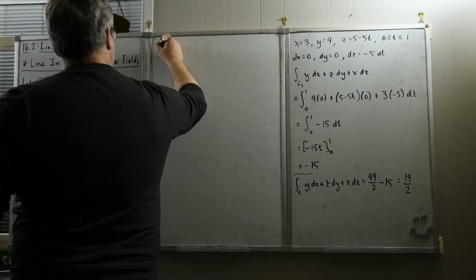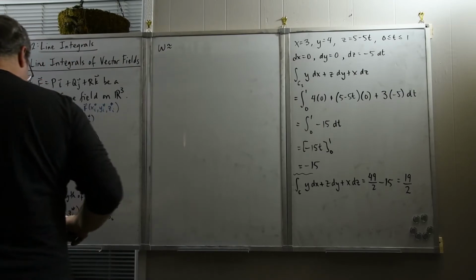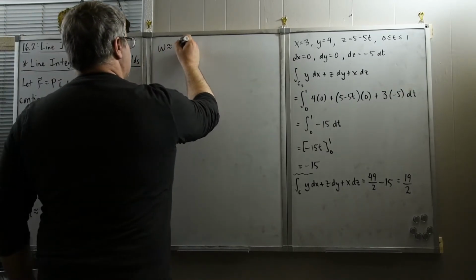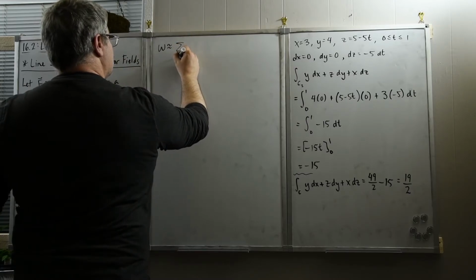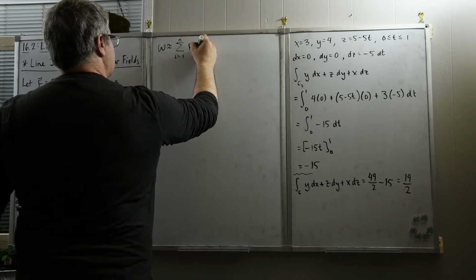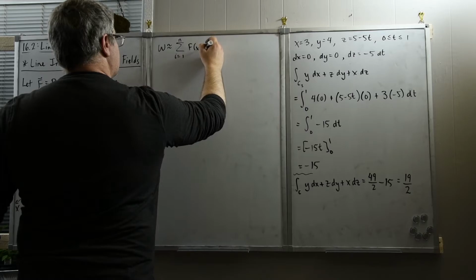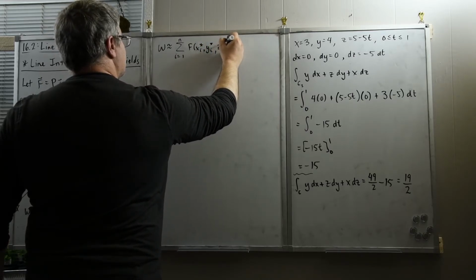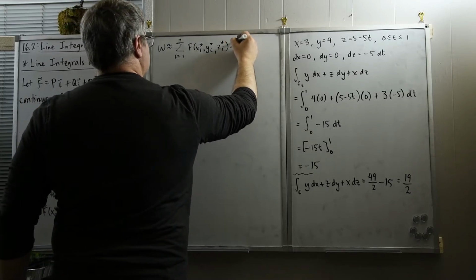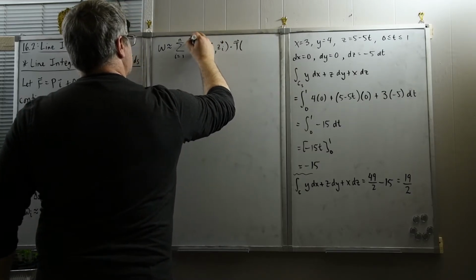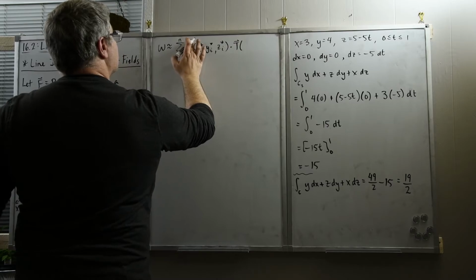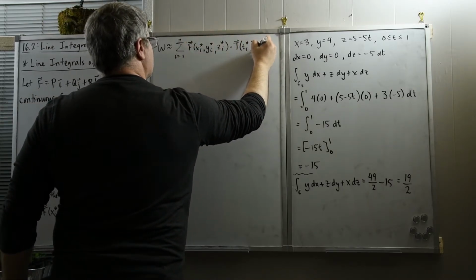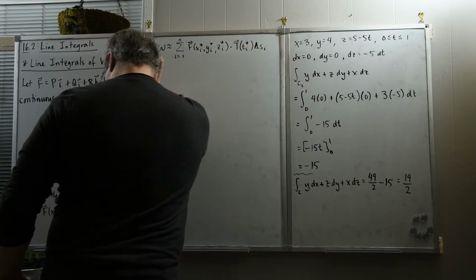Total work done, we'll call it W, moving the particle from P sub 0 to P sub n, we would think of as the summation i equals 1 to n of F of Xi star, Yi star, Zi star, dotted with T of Ti star, delta Si.